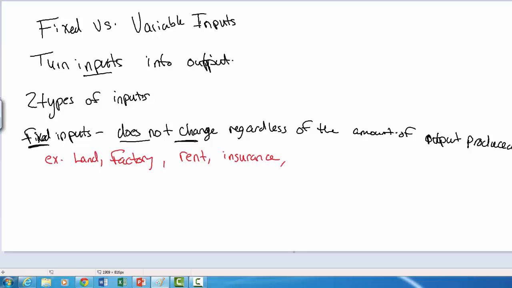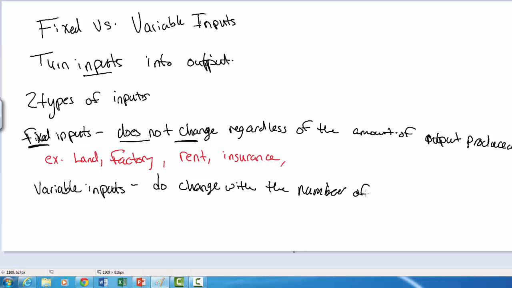Our other type of inputs are variable inputs. Variable inputs are inputs that do change with the number of outputs produced.